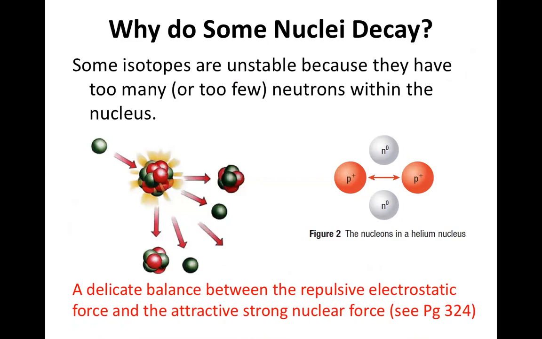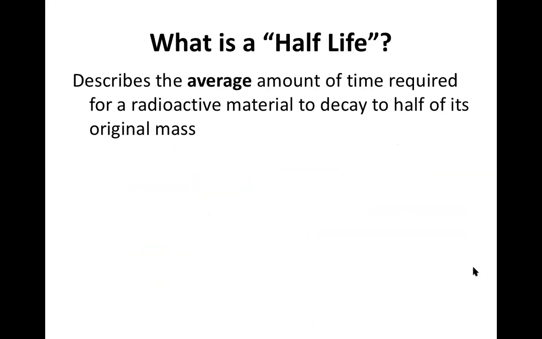So there's repulsion. Why would those protons want to stay together? It's because of the strong nuclear force. For an isotope to exist, there's a delicate balance between the repulsive electrostatic forces and the attractive strong nuclear force. See page 324 for more on this.